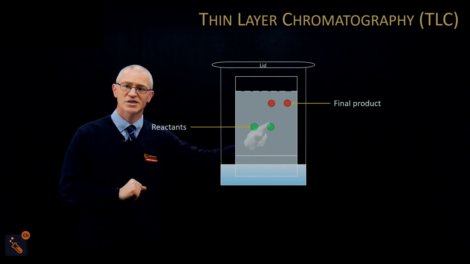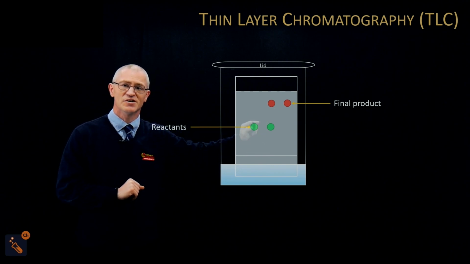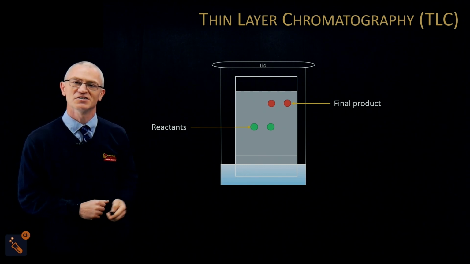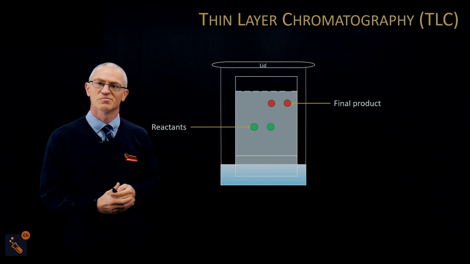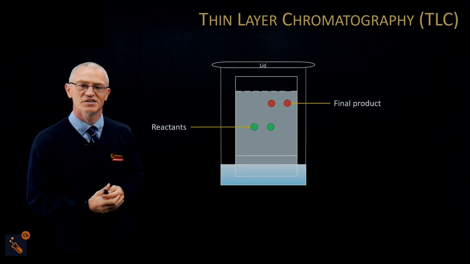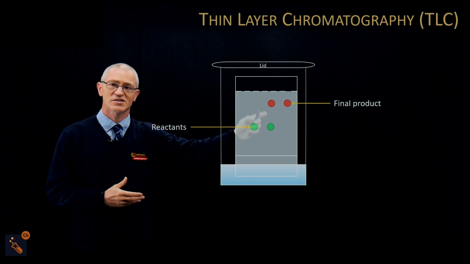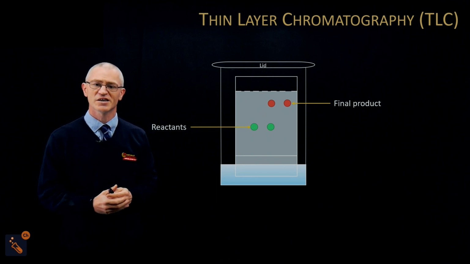This is our reaction mixture, and you can see it has 2 different dots, at the same level as the final product and the same level as the reactants, which means I have some reactants and I have some product. My reaction's not finished yet because I've still got reactants left, and you might decide to leave your reaction going for a bit longer. It's a way of monitoring whether a reaction is finished, and also for monitoring the purity of the product. I can see my product in the reaction mixture is not pure at the moment, and may need some form of purification.